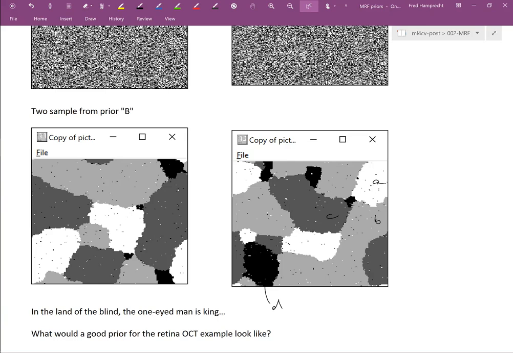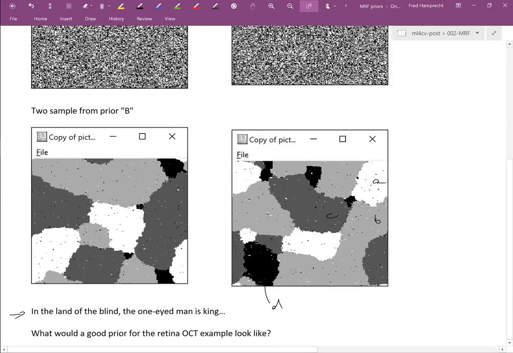And what we see here in the bottom is the prior's expectation of what our world looks like. It's pretty primitive, right? But it's better than the one above. The one above simply says it's no prior at all. It just says there's no prior expectation about how classes are distributed from one pixel to the next. And this prior here tells us it is better to have two labels of the same class next to each other.